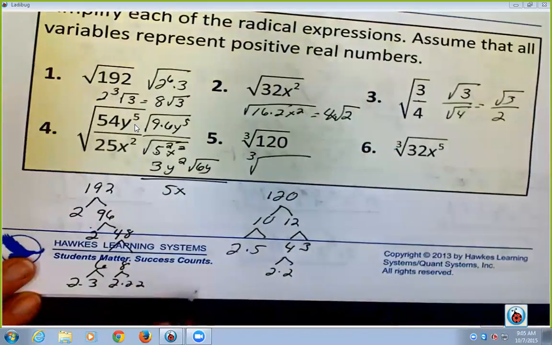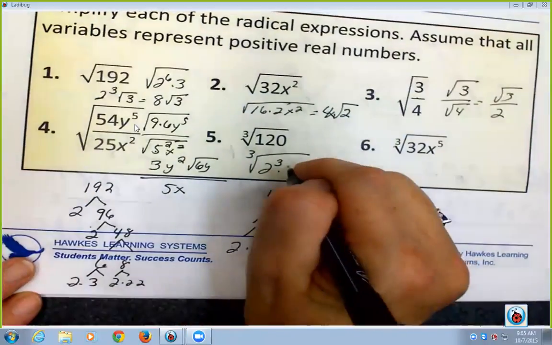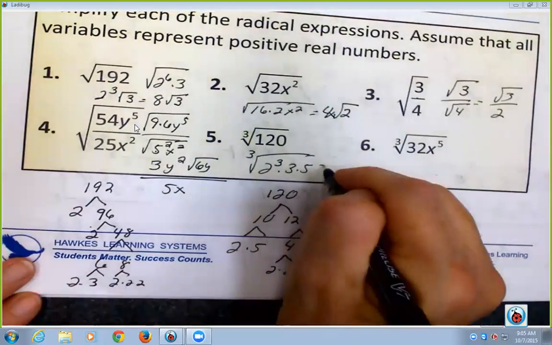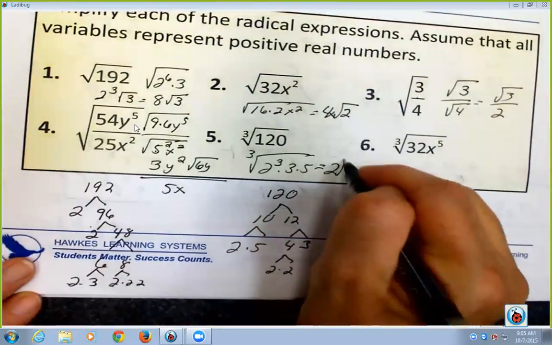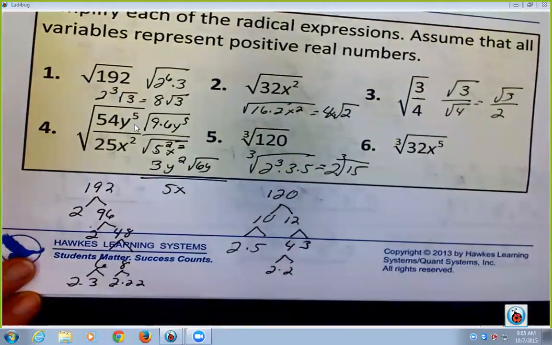So 120 is 2 cubed times 3 times 5. So I can pull out a 2, and underneath my cube root leaves 3 times 5, or 15.